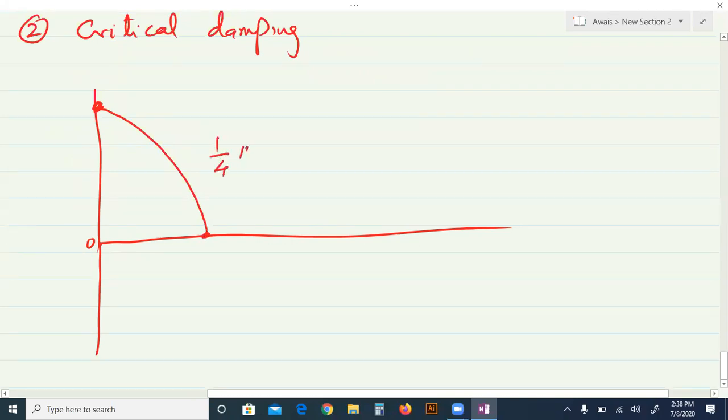Only 1/4 part of the oscillation is completed. Side se chhoda, mean position पर रोक लिया, 1/4 of the oscillation is completed at the mean position. Not half, not 3/4, not complete, only 1/4 of the oscillation. So this type of damping is called critical damping.